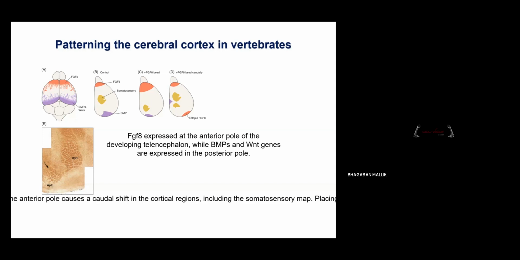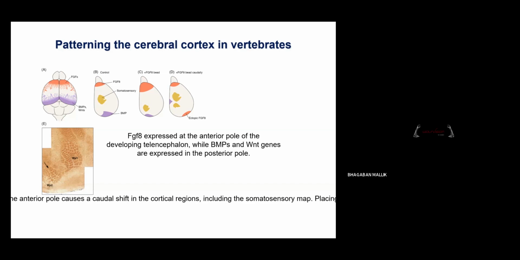This is a control condition with normal localization of all of these regions: anterior and posterior specification, BMP in the posterior part, FGF8 in the anterior part, and the somatosensory region in the middle of the developing embryo.